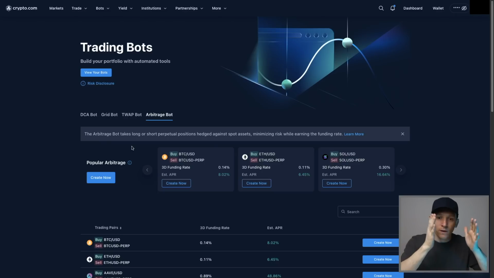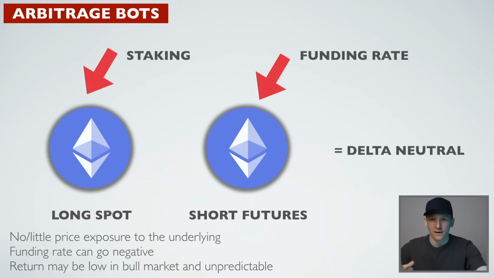So we buy and we sell the exact same exposure, which means that if the price moves, one of them wins and one of them loses, but overall we're actually net the same, which is known as delta neutral, right? So our price exposure is neutral, delta neutral here. But because of this, what we're doing is trying to earn this yield out of the market, and I'll show you exactly how that works.